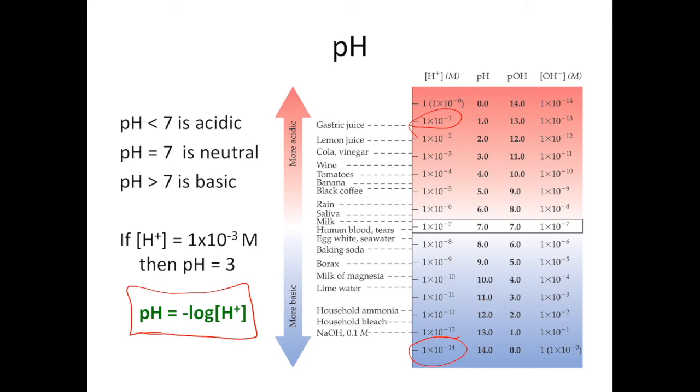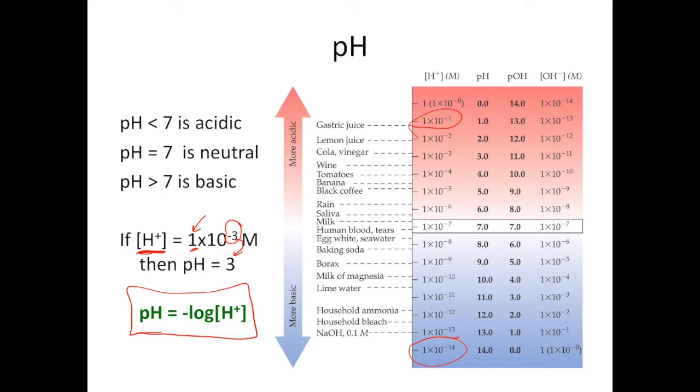So in order to find the pH of something, you're just going to say the negative log of whatever your hydrogen ion concentration is. So the relationship is, if you have a hydrogen ion concentration that's 1 times 10 to the minus 3, usually your pH is going to be somewhere close. This is 1, so it's going to be right on the money to your exponent.